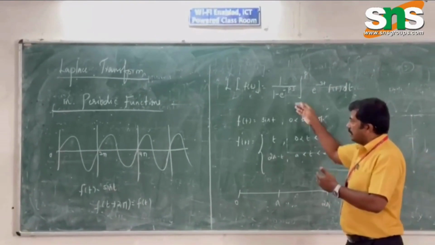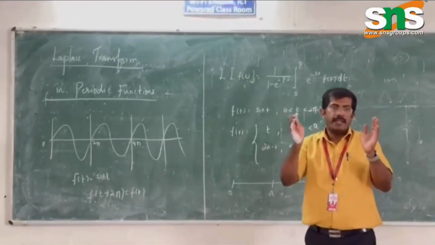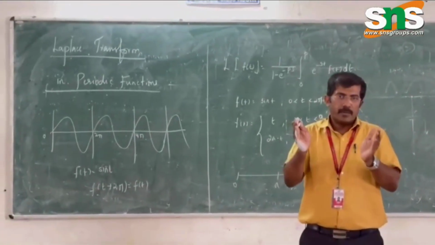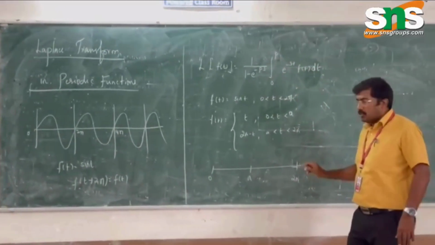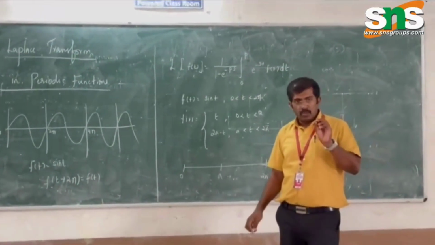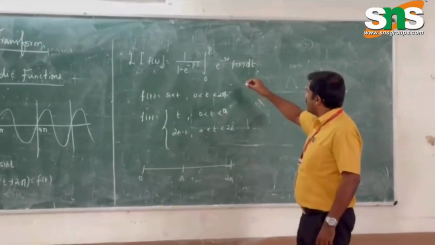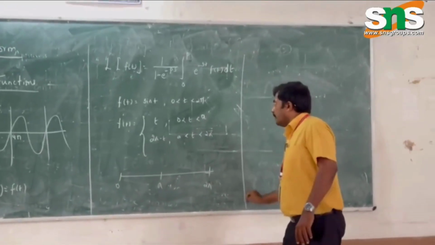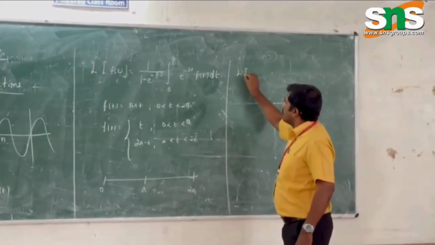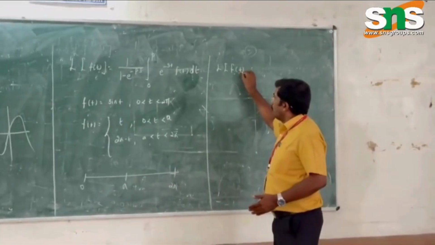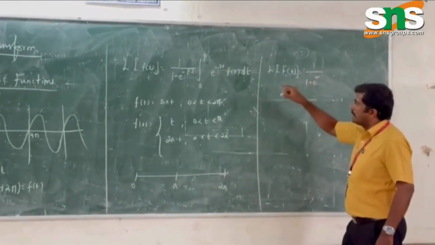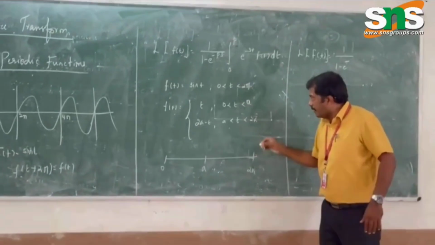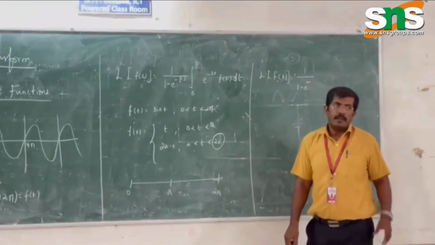So we can take this formula and expand it. We expand the integral from 0 to a, because p is nothing but 2a here. So Laplace of f of t is equal to 1 by 1 minus e power minus, in the place of p you will take the period.